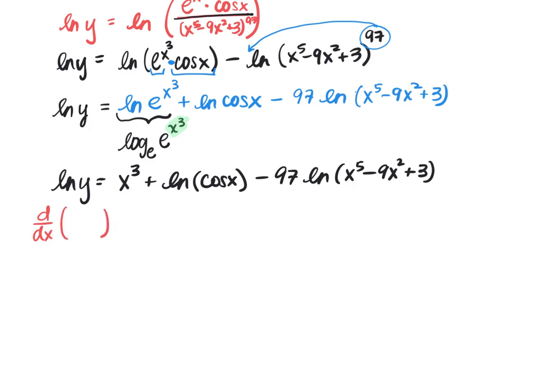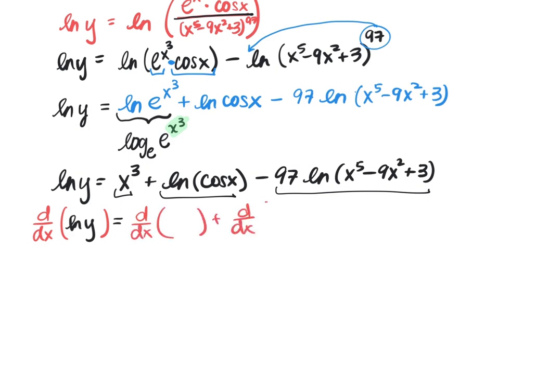So we'll take the derivative of natural log of y. But then remember, on the right-hand side, we have 3 individual terms. So we'll take the derivative of each of those terms separately. So the derivative of the first term plus the derivative with respect to x of the second term, and then minus the derivative with respect to x of the last term.